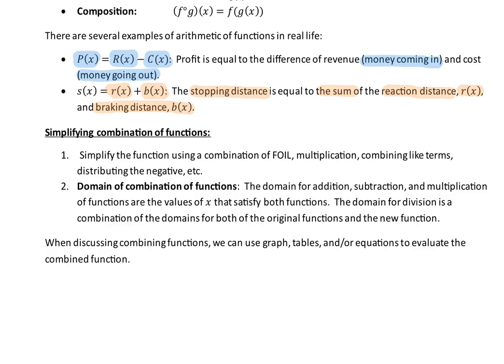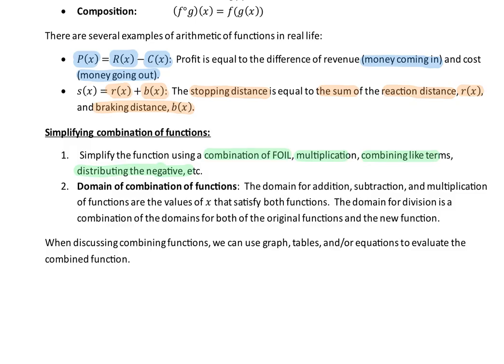For instance, if we are multiplying, we are probably going to need to implement FOIL, distributing, combining like terms, distributing a negative. All of those things that we talked about in previous sections and in previous courses, we're going to go ahead and implement them here when we talk about simplifying a combination of functions.